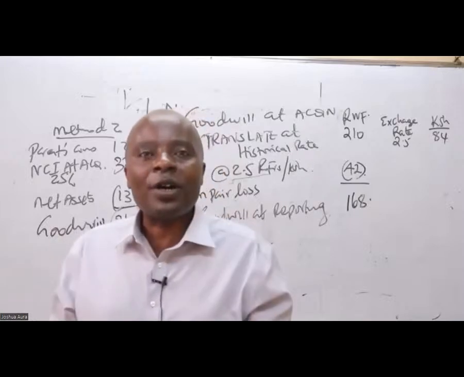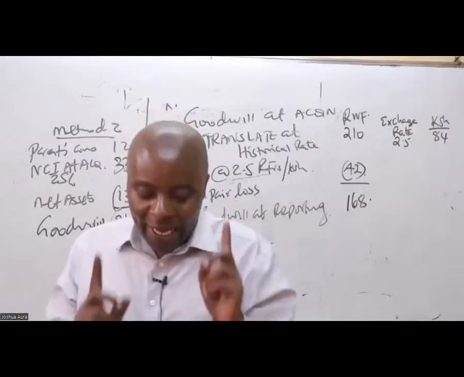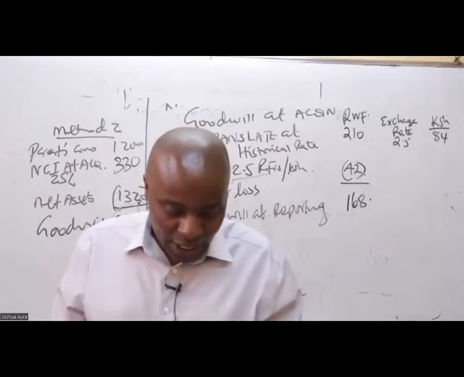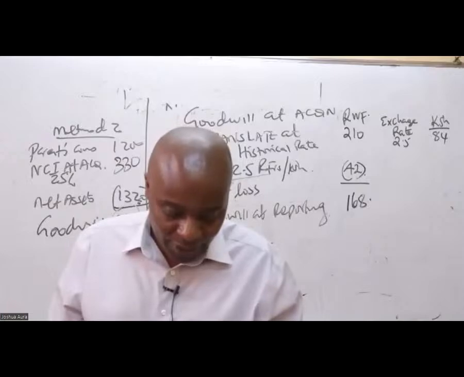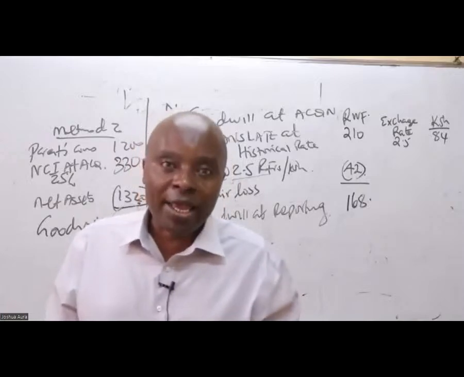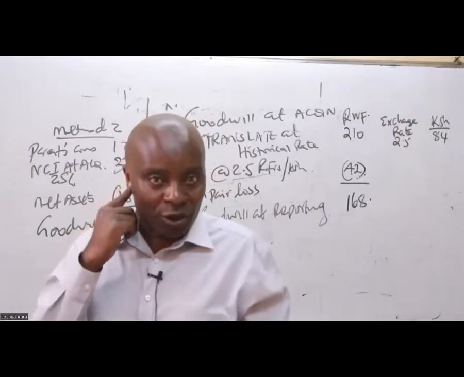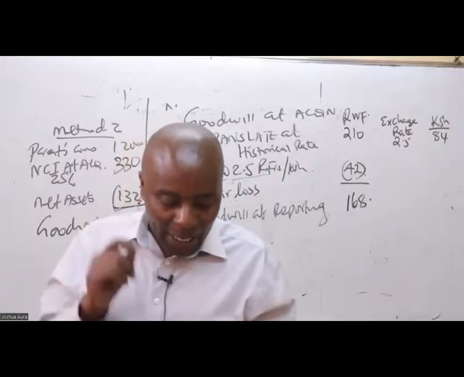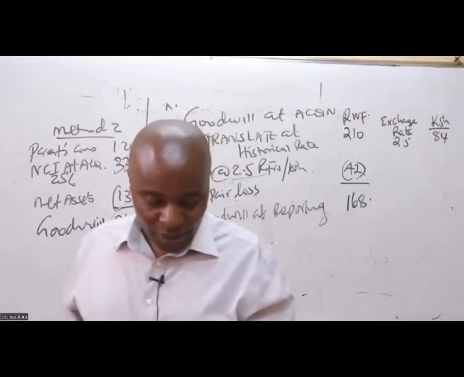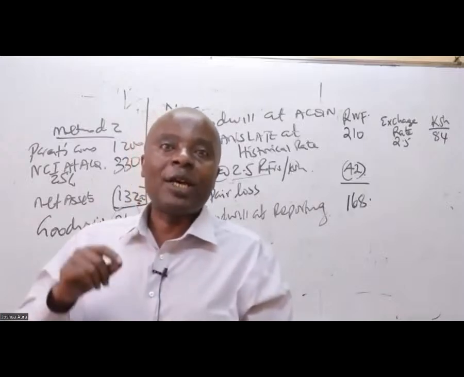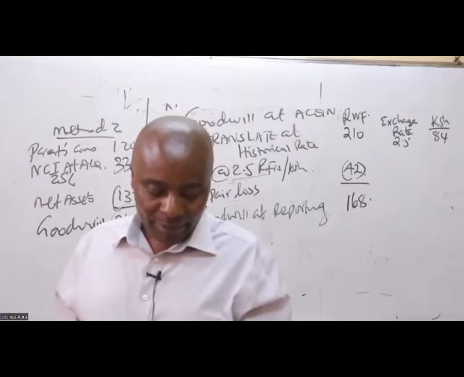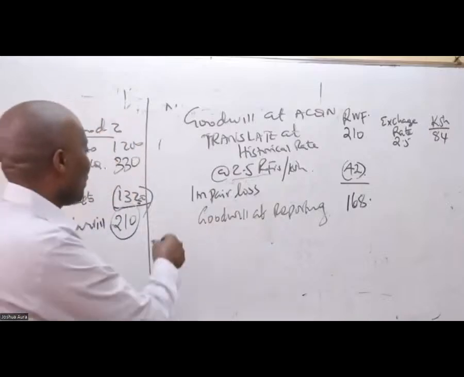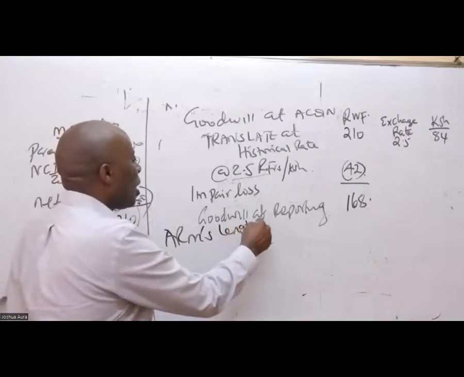The only difference between IPSAS and the IAS, and you should be able to write this down, is this: unlike IAS 24, IPSAS 20 does not require disclosure of information about business transactions between related parties which occur at arm's length, what we call normal trade.